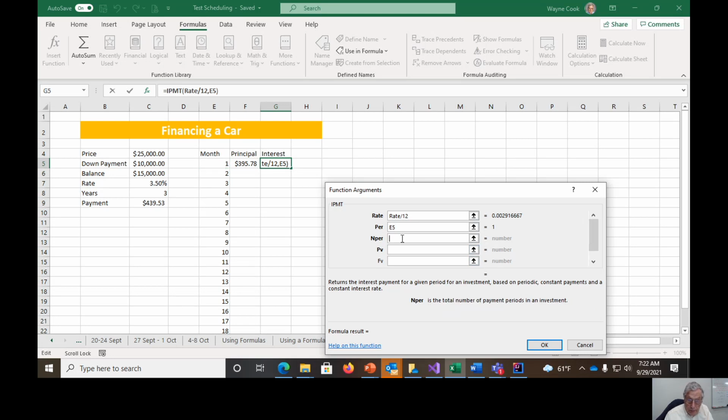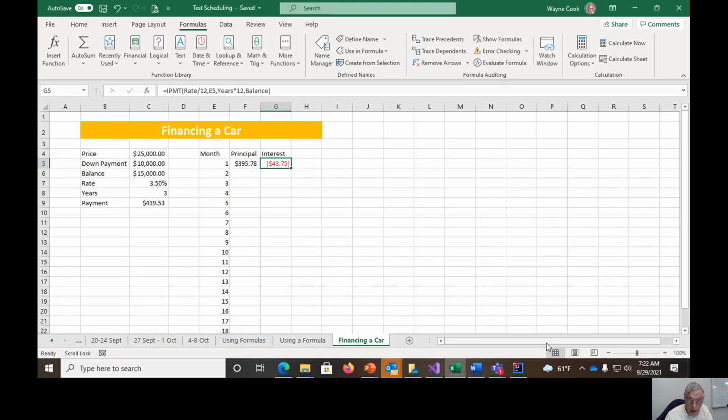Make sure that it's not fixed with the dollar signs. Number of payments is years times 12. And then the balance is the present value. And again, I will just go ahead and make that a positive number.